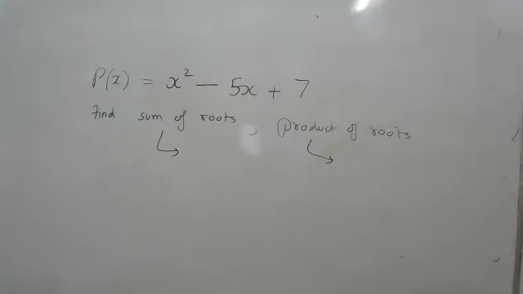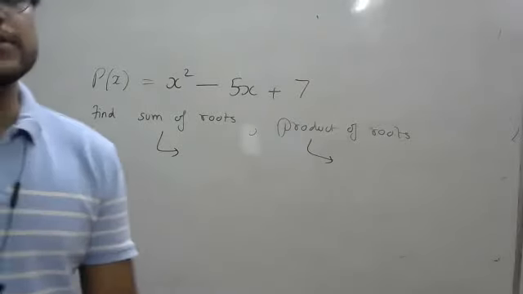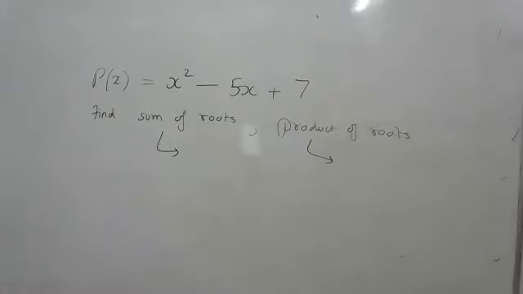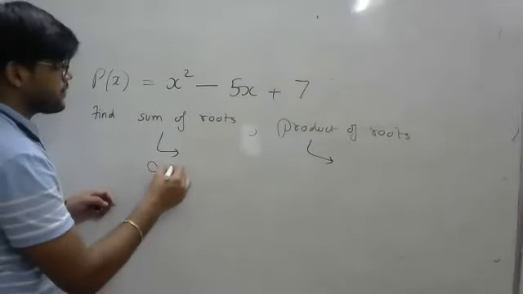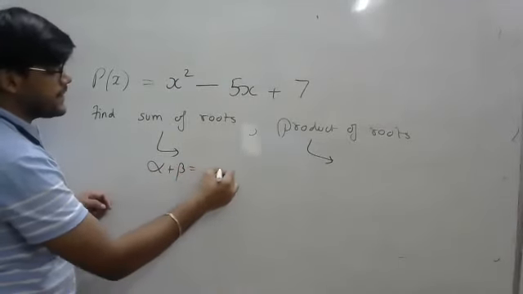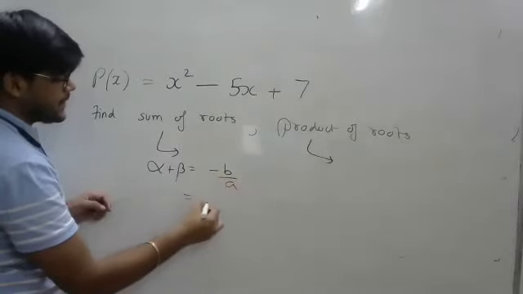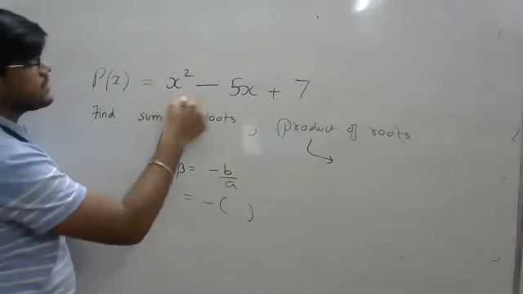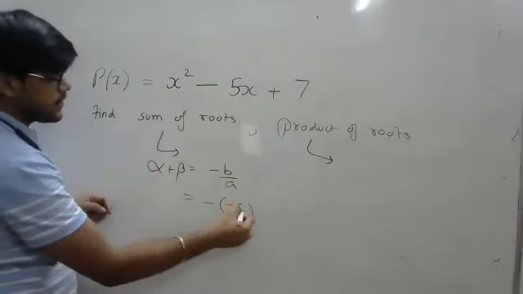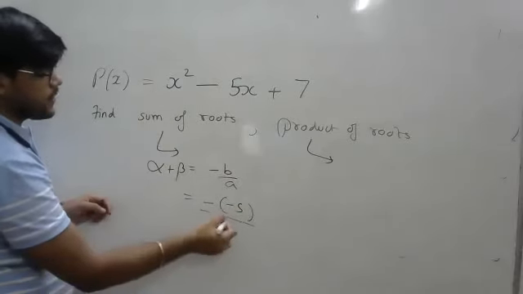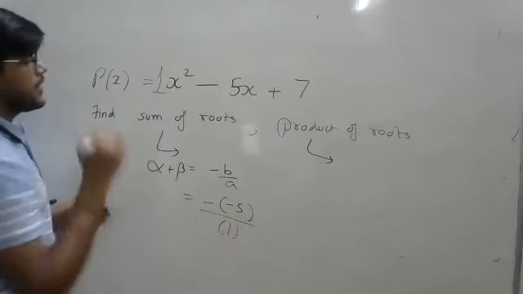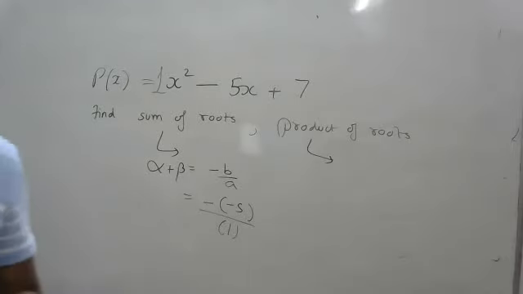Okay, so I'm getting a few answers. Yes, the sum will be 5 because alpha plus beta, the sum, is minus b by a. The value of b is the second term, minus of minus 5, upon a. Here a will be considered as 1.